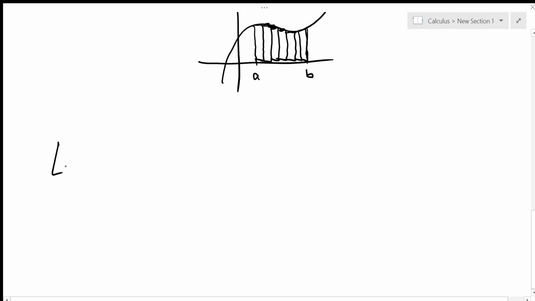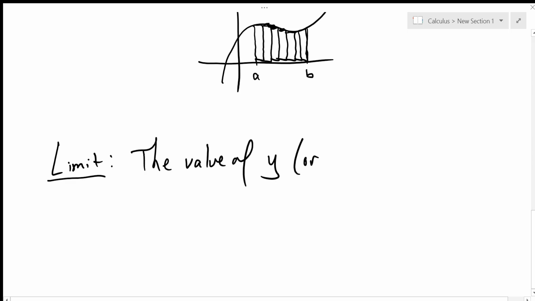We would say, a basic definition here, it's the value of y, or the value of f of x, the y value or some function value, as x approaches a specific number or specific value.